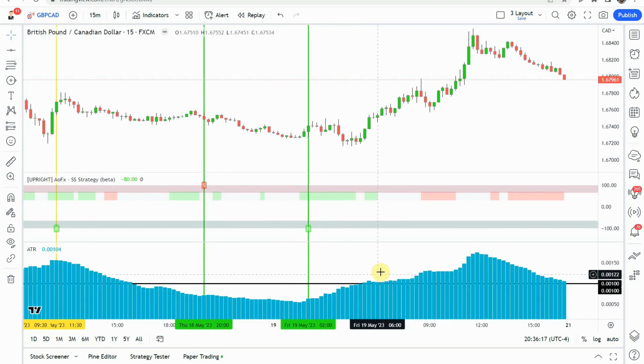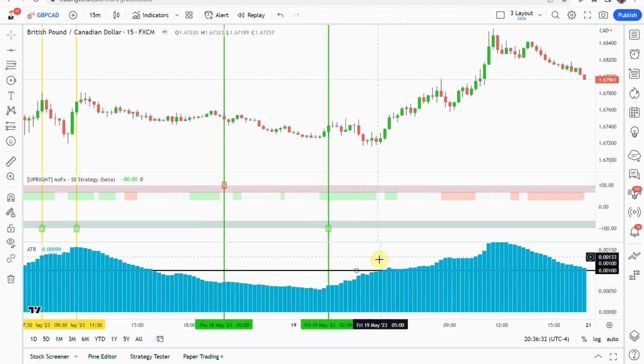Now what we have is kind of a baseline for when the ATR is running very high. So when we have a lot of really high ranged bars taking place, it's sorting that out.